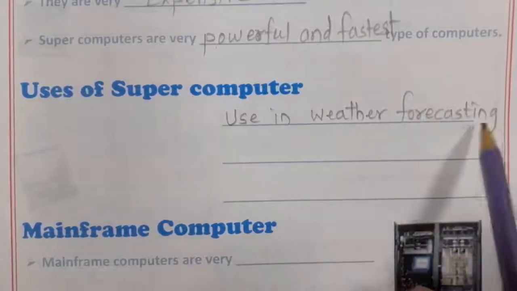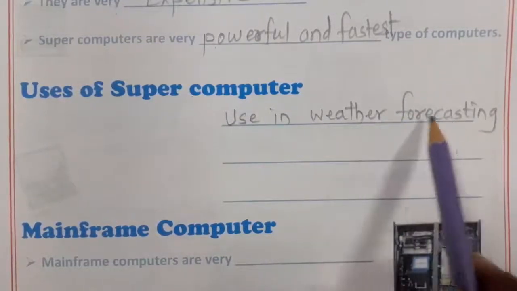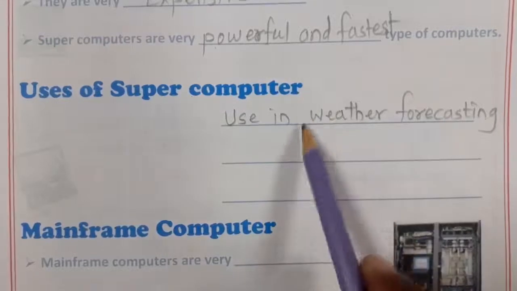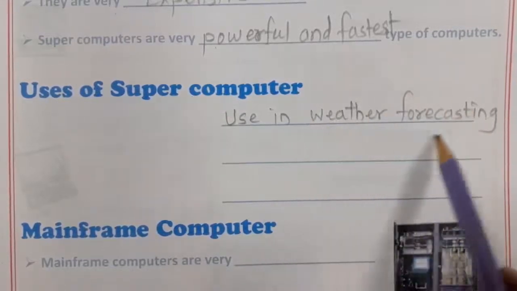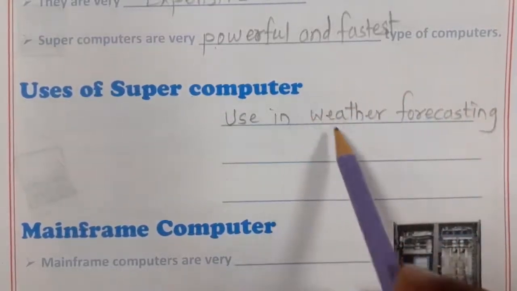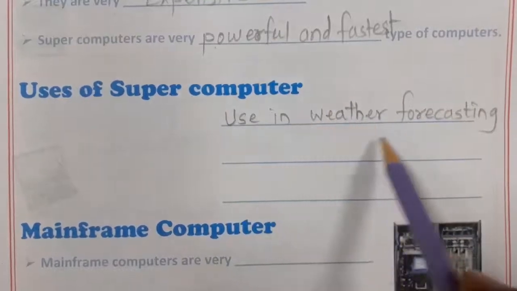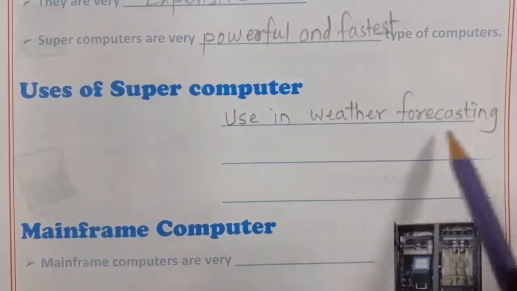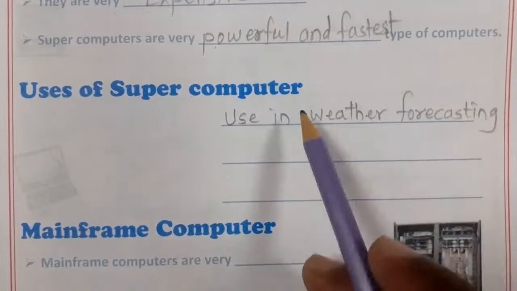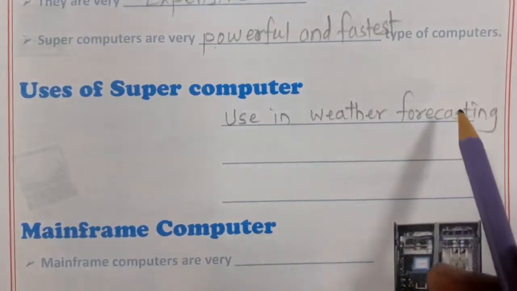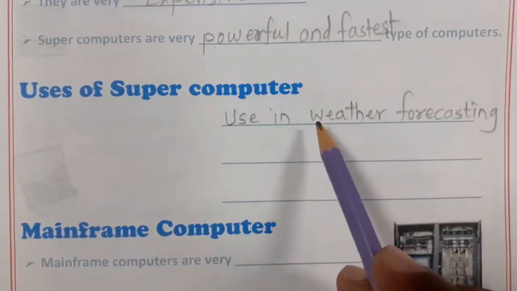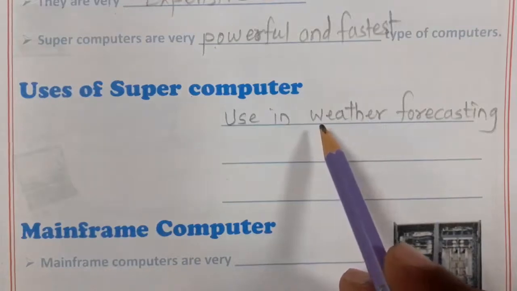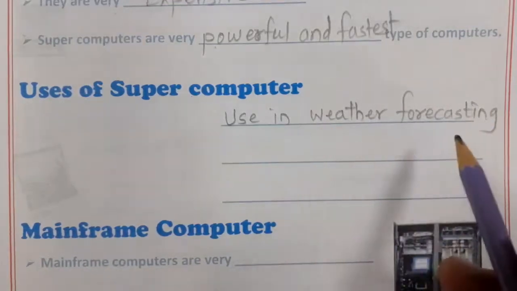Supercomputers check from the sky where the rain is falling, where the cloud is coming, where the sun rays are heavy, where the temperature is high.